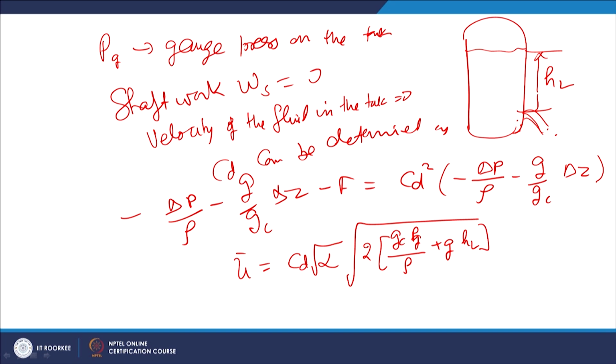GHL. Now, if we say that C naught is equal to CD square root of alpha, then U is equal to C naught times the square root of 2 Gc Pg upon rho plus GHL.